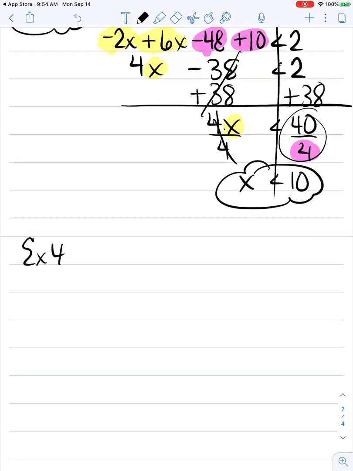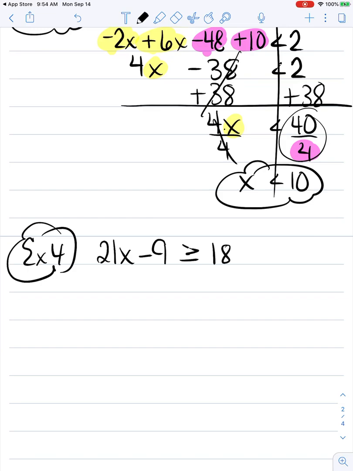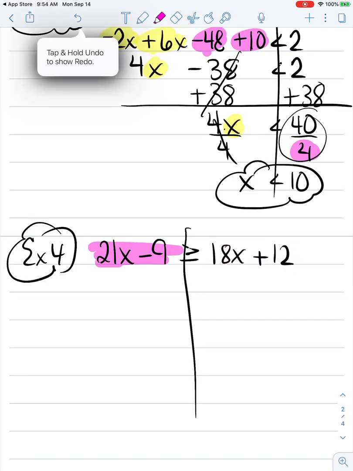Example 4. So I have 21x minus 9 is greater than or equal to 18x plus 12. So split that at the inequality sign. I don't see fractions or decimals. I don't see the distributive property. I don't see like terms on each side. So what I mean is I don't have like terms on this side, and I don't see like terms on this side.